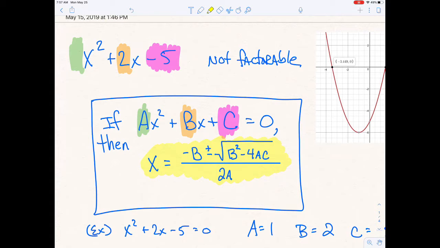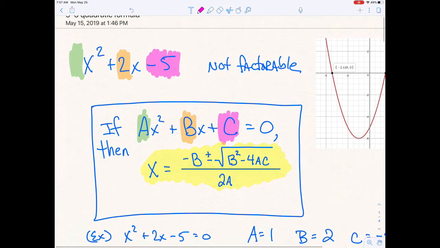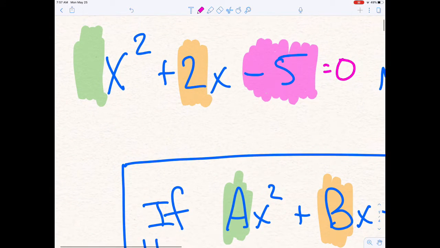Now, the reason why we'd use something that looks confusing, it's not, but it looks confusing, is because we might get ourselves presented with a scenario where we have a polynomial like x squared plus 2x minus 5 equals 0, and we want to solve that polynomial for x, but two things happen here.